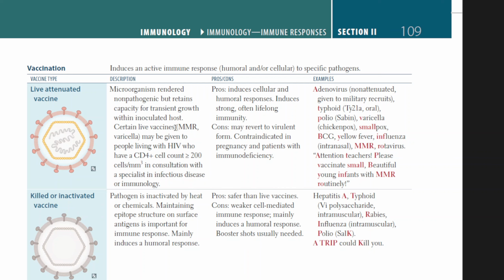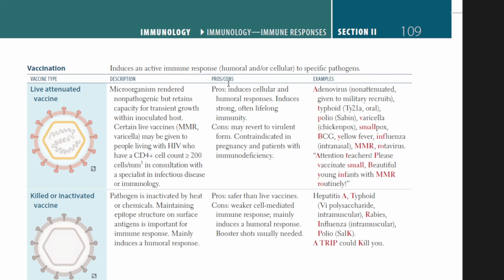Certain live vaccines like MMR, for example varicella, may be given to people living with HIV who have a CD4 count of more than 200 cells per cubic millimeter, in consultation with infectious disease doctors.